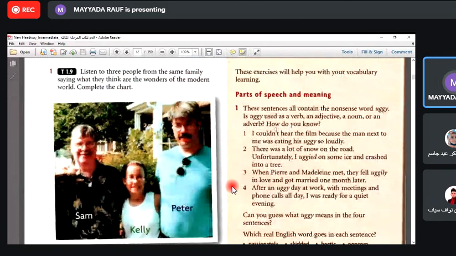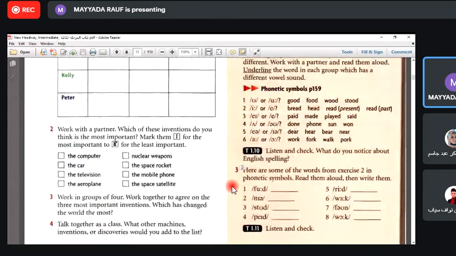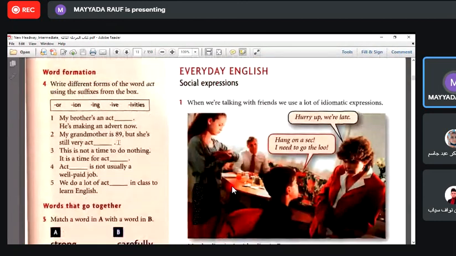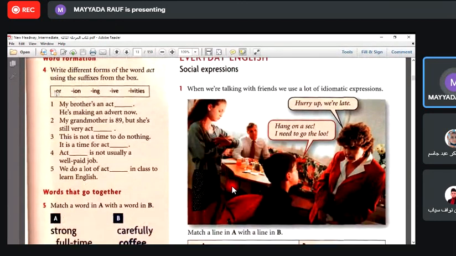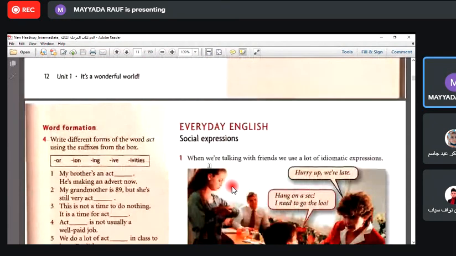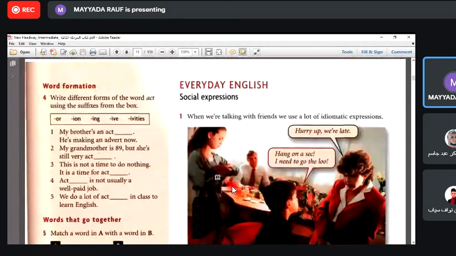Here we have the parts of speech. Number one should be done by you. Spelling is neglected. And here we have exercise number four, number five, and number one. This one, social expressions.